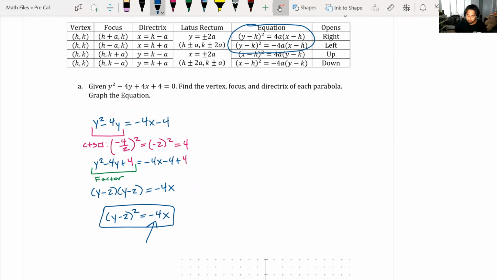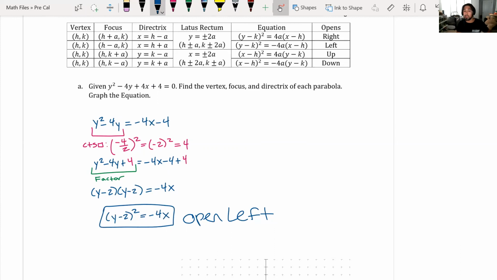Well, the first equation, whatever's on the right side, is positive. The second equation, no matter what's on the right side, it's going to be negative. So since this equation matches up to the second equation in our equations chart, our parabola will open left.